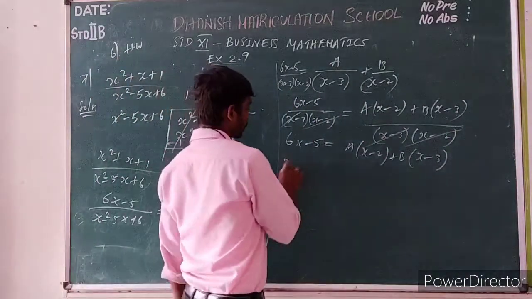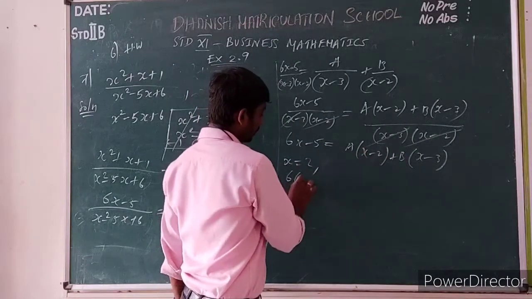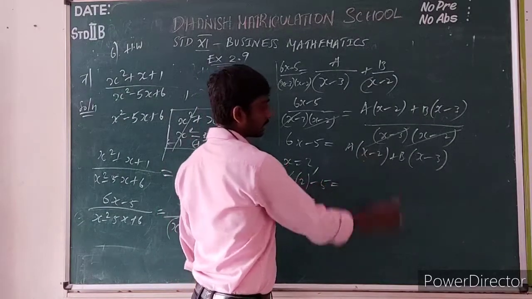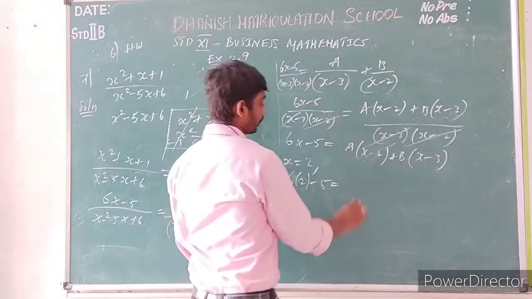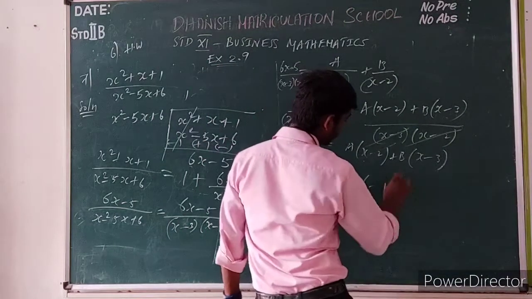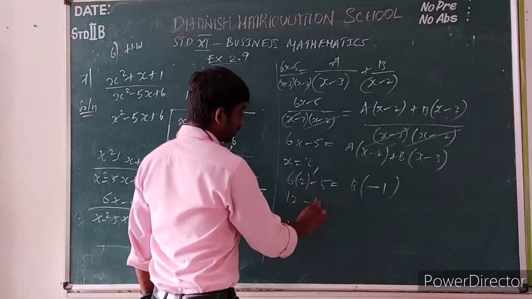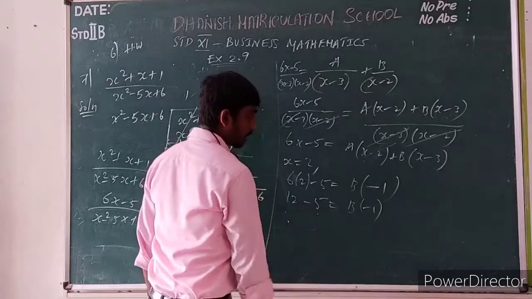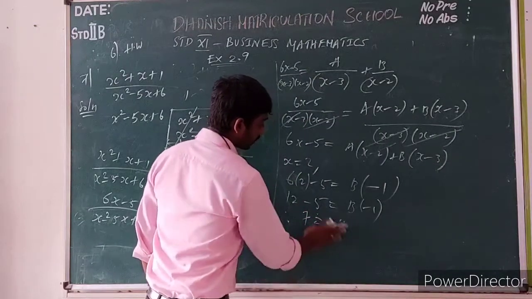Now we are going to substitute x equals 2. So 6 into 2 minus 5 equals, here a into (2 minus 2) is cancelled, and b into (2 minus 3) is b into minus 1. So 12 minus 5, that is 7, equals minus b.